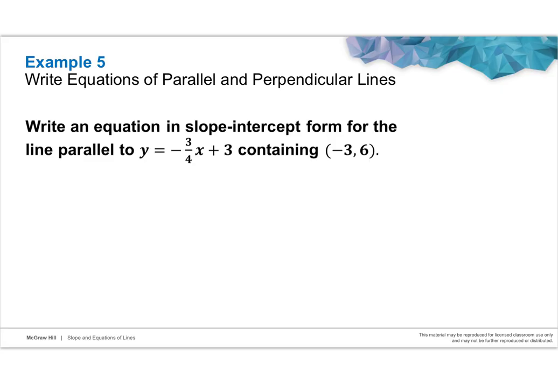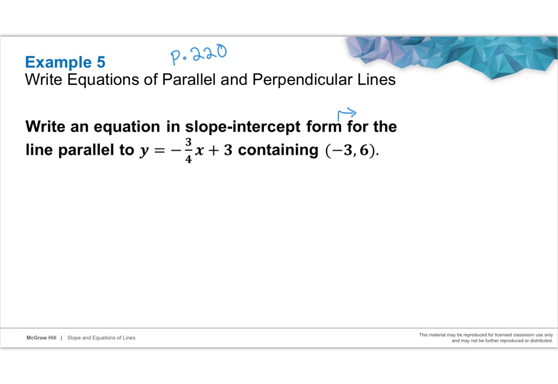Our last type of example is going to be actually writing equations of those parallel and perpendicular lines rather than just comparing them. So here in example 5 on page 220, we are writing an equation in slope-intercept form.